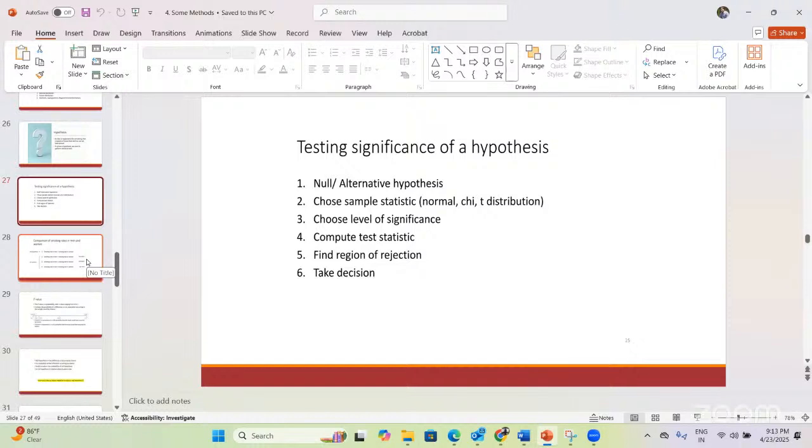Based on every step, it will be determined whether your hypothesis holds or not. Next slide.